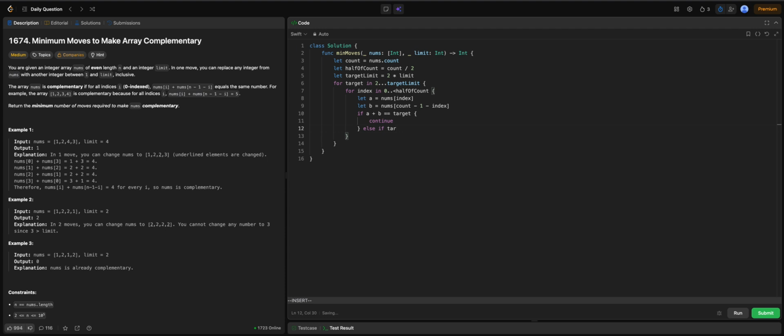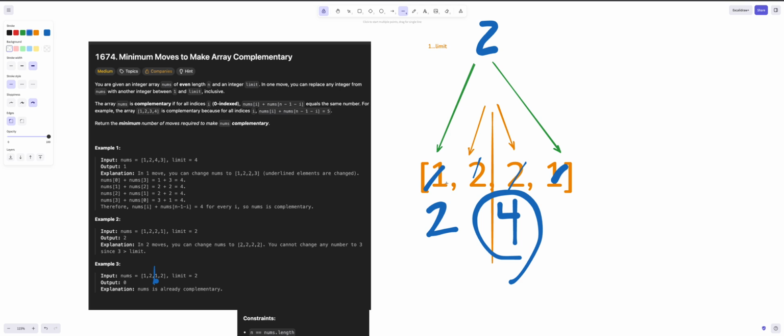Another case, if our target is greater than or equal to the minimum of A or B, we just want to take the minimum number. So in A and B, we need to find which is the minimum number in here, so we can do the addition or subtraction from there.